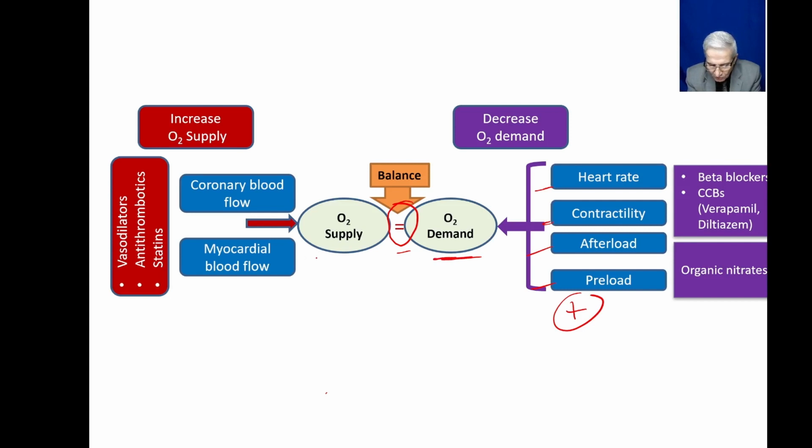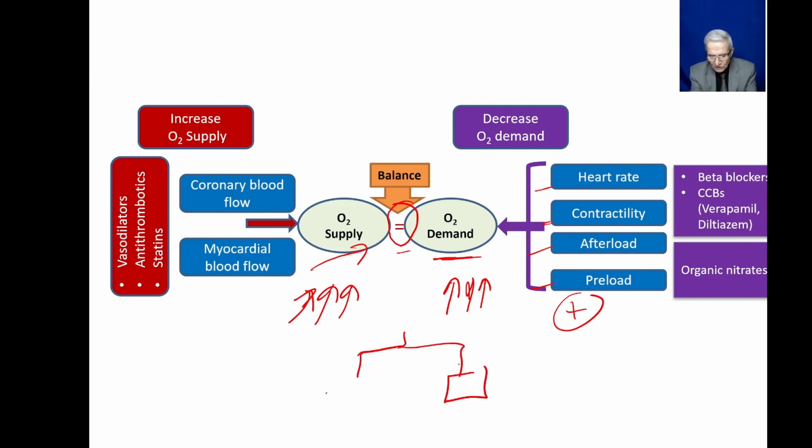Our body will meet this by increasing the supply through the coronary blood flow. So we have a balance between supply and demand, and this balance is very important for the patient to live a normal cardiovascular life.